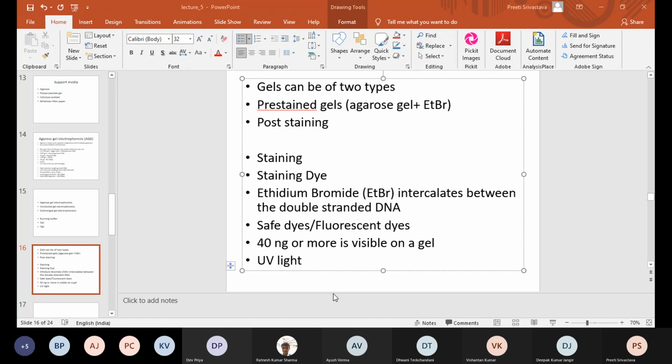If you want to observe it on a gel, first, the DNA is buried inside the gel, it is entangled in the agarose. So you need to have a certain concentration of the DNA. If the concentration is too low, it will not be visible. And you need to stain it with a dye, then only it will be visible.